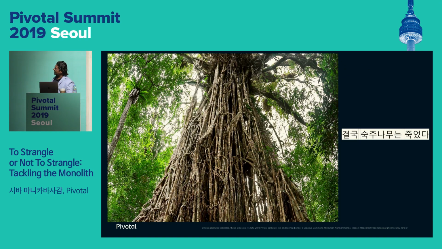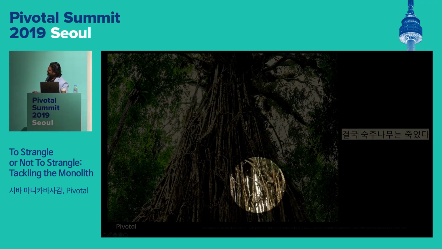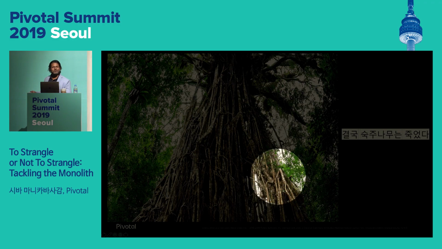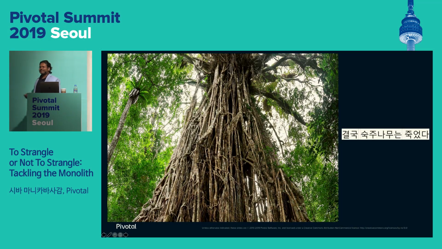And then we have a big, beautiful fig tree. If you notice, some of it is actually loosely coupled as well, right? So that's your new big strangler fig tree in the place of an old tree, right?